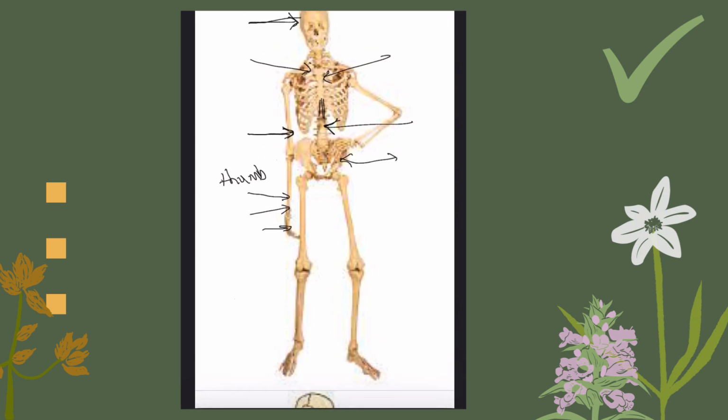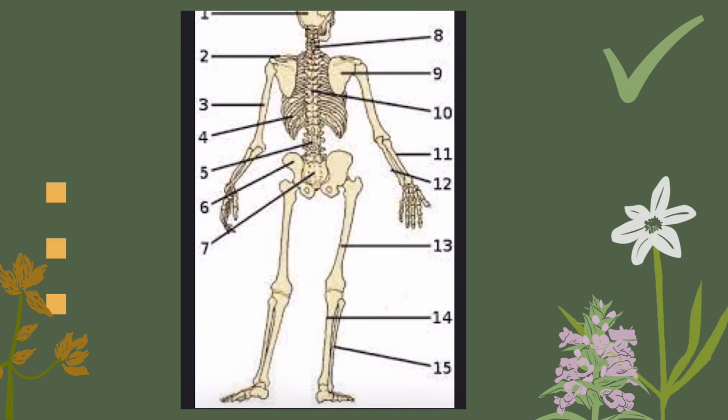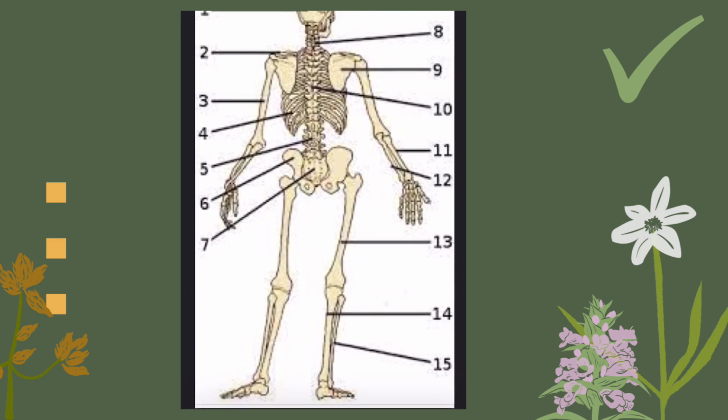Bones in the legs, so this long bone is called the femur, good. The thick bone in the leg is the tibia, and the thin bone in the leg is called the fibula, good.